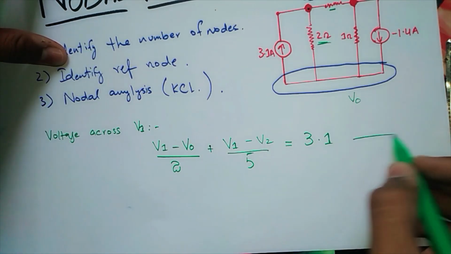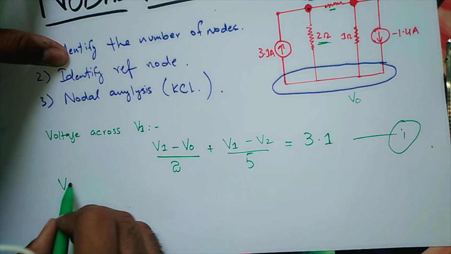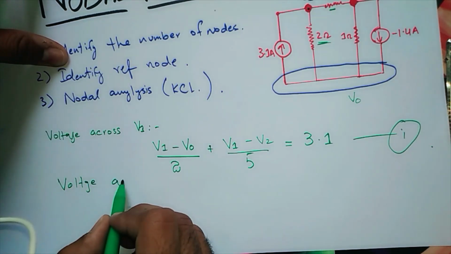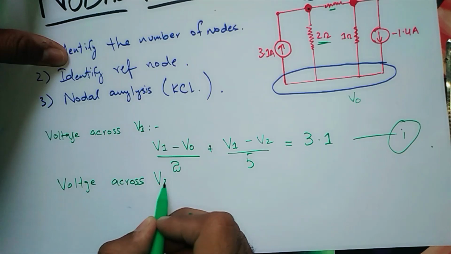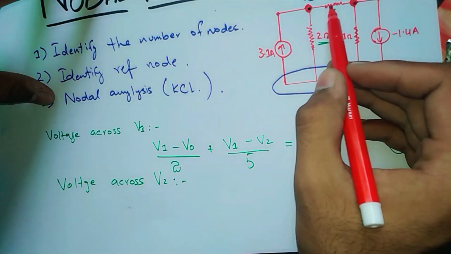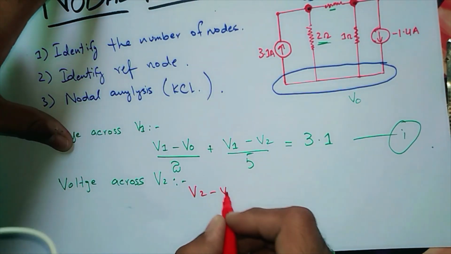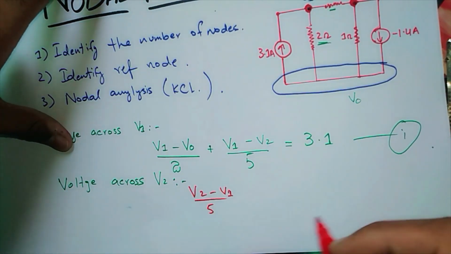This will become our first equation. Now we will find the voltage across V2. V2 is at higher potential and V1 is at lower potential across this resistance, so we write V2 minus V1 over 5.